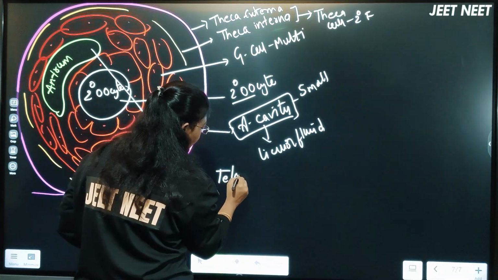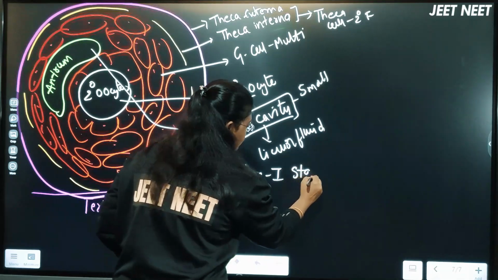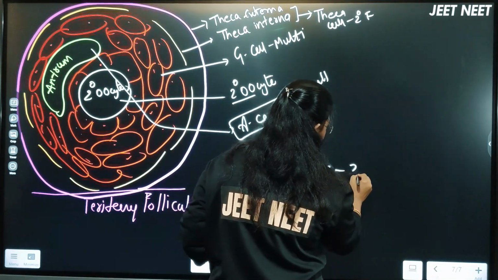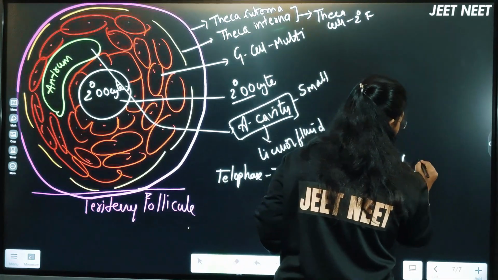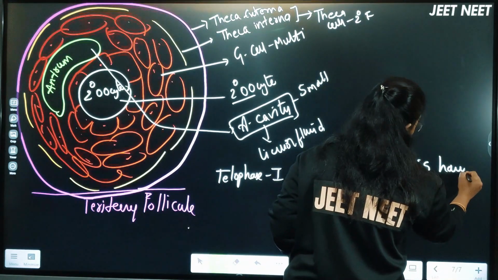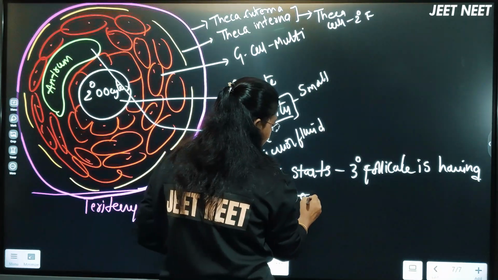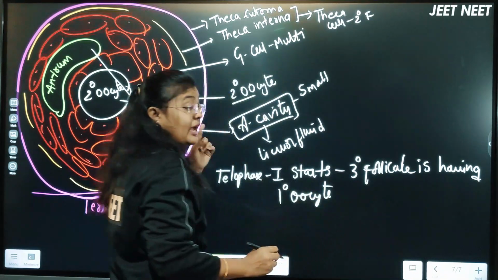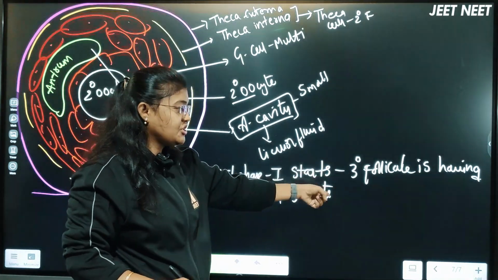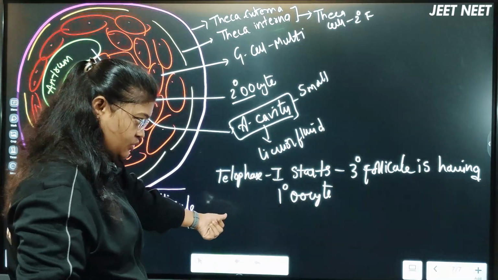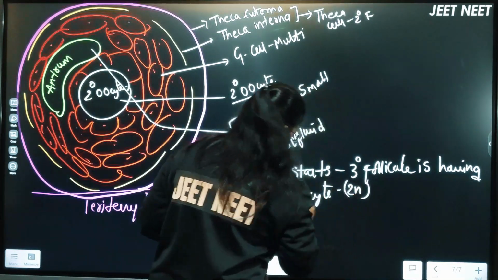When telophase 1 starts, which oocyte will be present in the tertiary follicle? Primary oocyte. Ma'am, you have drawn the secondary oocyte here, but I am telling you, when telophase gets started, the tertiary follicle has a primary oocyte, which is still 2n, right?